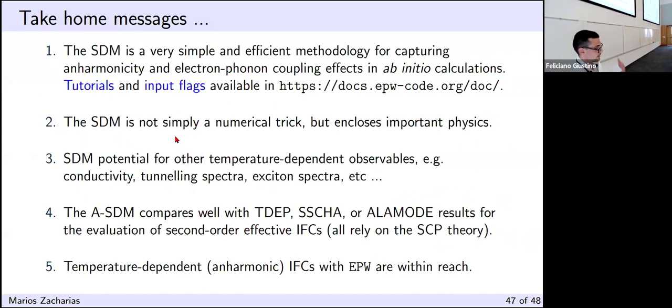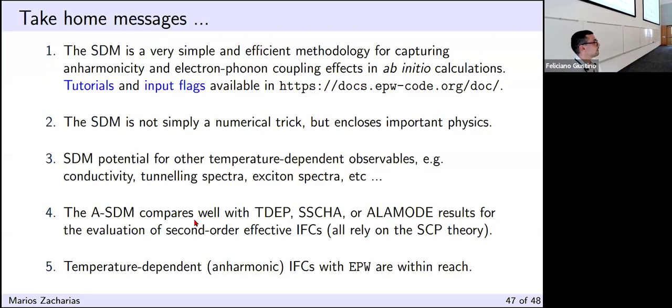The SDM is not a simple numerical trick, but it encloses some important physics. So we have seen that if you do the special displacement, you can capture precisely diffuse scattering in systems. It has the potential to be upgraded to evaluate conductivity, tunneling spectra, exciton spectra, and also can be used for anharmonic phonons, and it compares well with the state of the art.